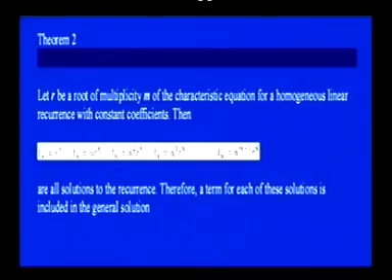Next time if the same root is coming, it becomes n square into r power n. So, like that if the multiplicity goes on, it goes up to n power m minus 1 into r power n, where that m is nothing but the multiplicity. So, these are all the solutions of the recurrence equations.